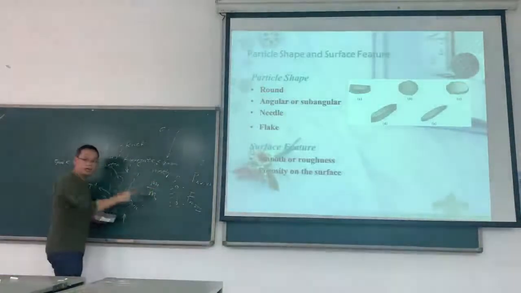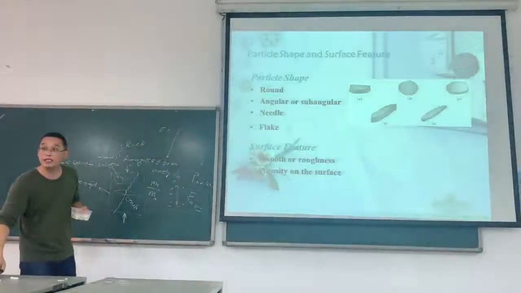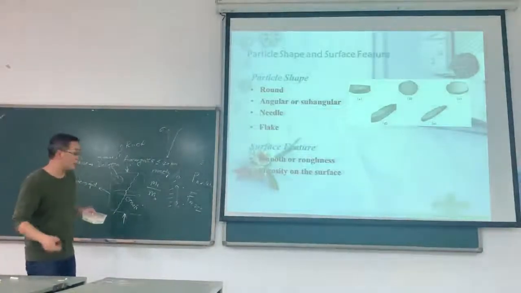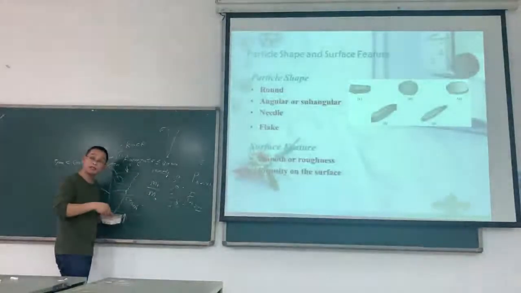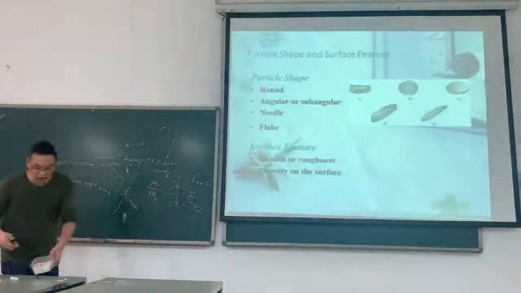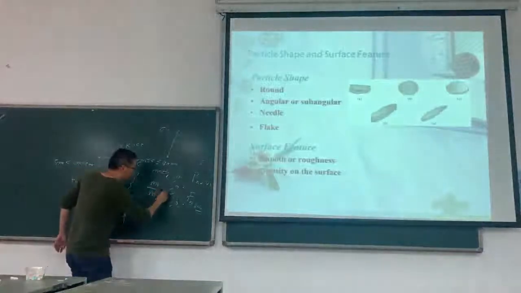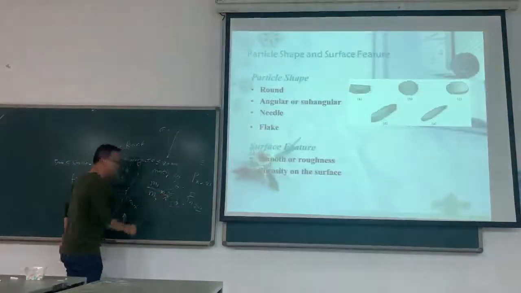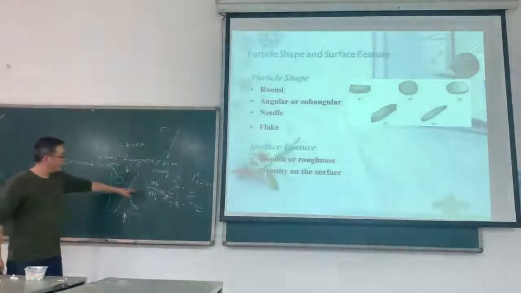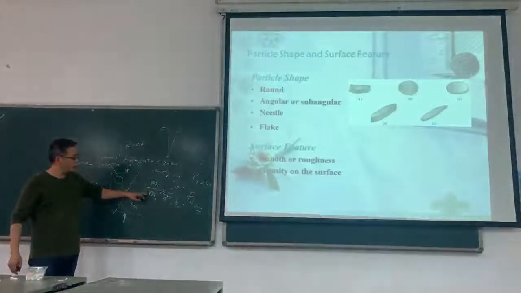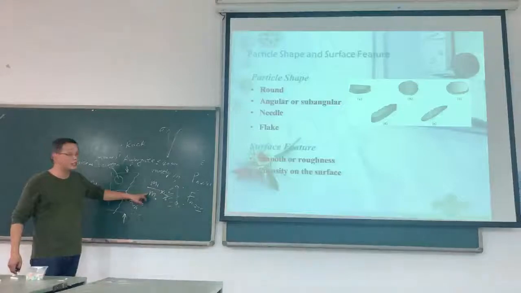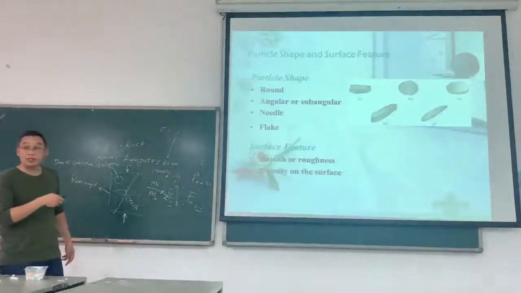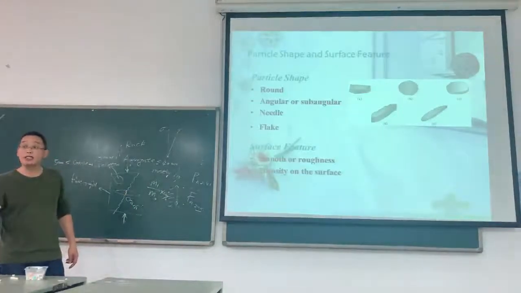This is the mass of the flake shape and the needle shape aggregates, and this is the total mass before the experiment, and then 100%. So if the value is high, it means the particle shape of the aggregate is worse. Yeah, it's worse.